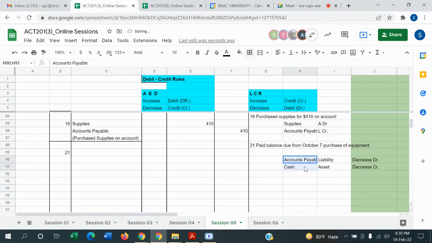So accounts payable debit, cash credit. How much? 14,000. Excellent. What should I write into the explanation part? Paid the due balance. Explanation is very easy. You can grab it from the transaction.